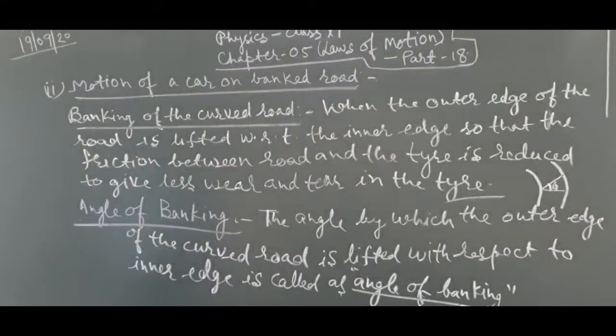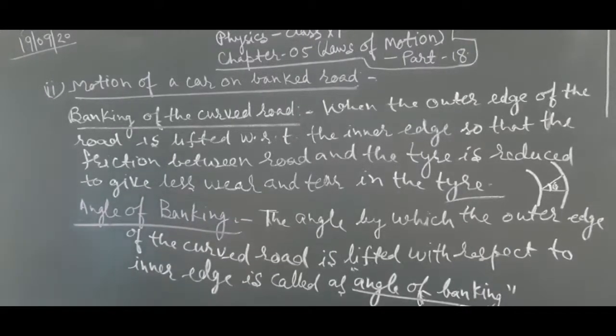So we have discussed the banking of curved road and the angle of banking. The angle through which the outer edge of the curved road is raised above the inner edge is called the angle of banking.